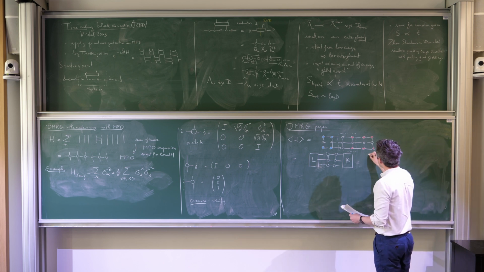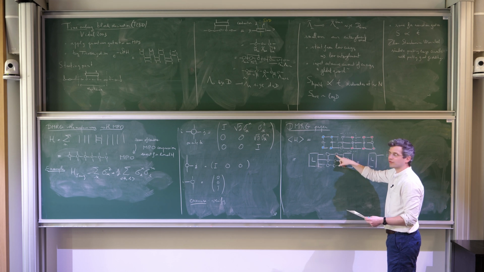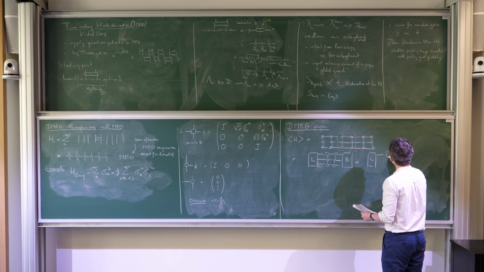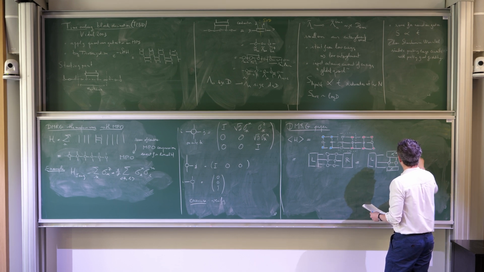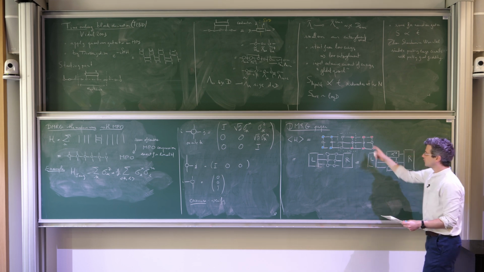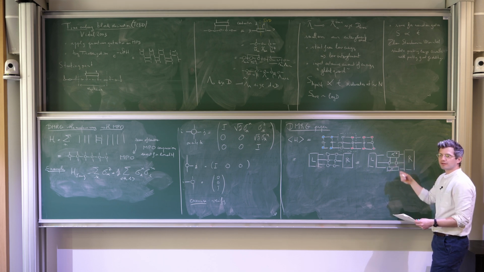And what we can see is that we can group our two tensors, the tensors we want to optimize over, into just one tensor, x. So one is x, one is x star, if you like. To go from here to here, I contract the sides. To go from here to here, I just block the two tensors.